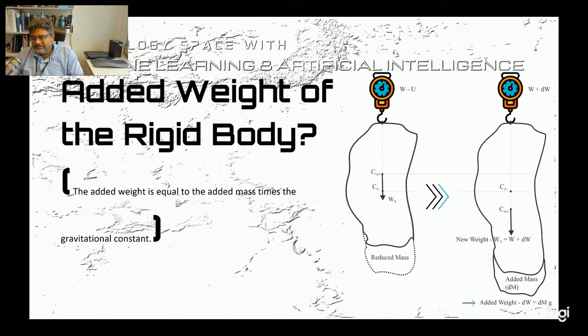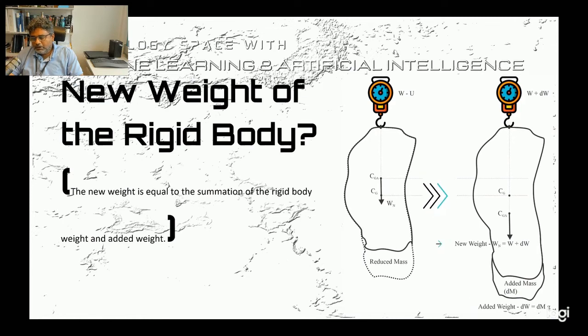The added weight is reflected by dW, which is equal to dm times the gravitational constant. The new weight of the rigid body is reflected by Wn, which is equal to W plus dW, the added weight of this rigid body. And this value should also be reflected on the scale reading.